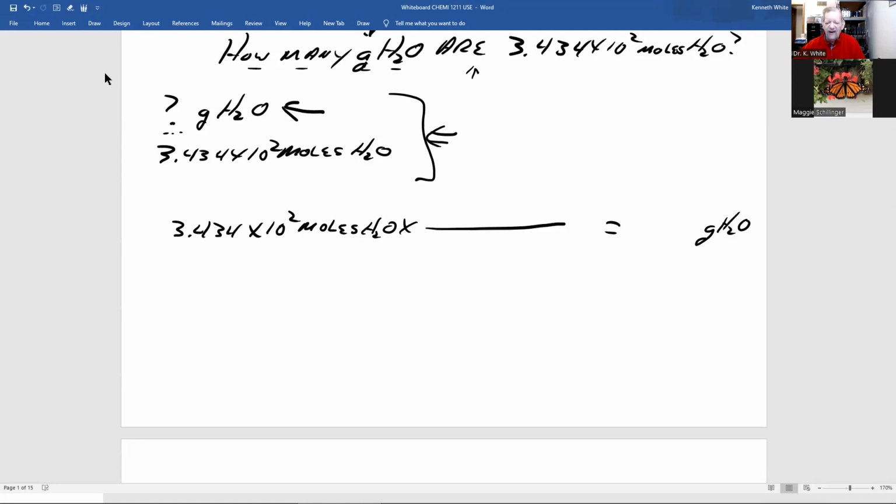And now if you had a ratio that you could convert moles of water in one step to grams of water, what units would be on top and what units would be underneath that ratio? Now I'm going to let you try that first. Go ahead. What units go on top and bottom of that ratio? 20 seconds. Go.